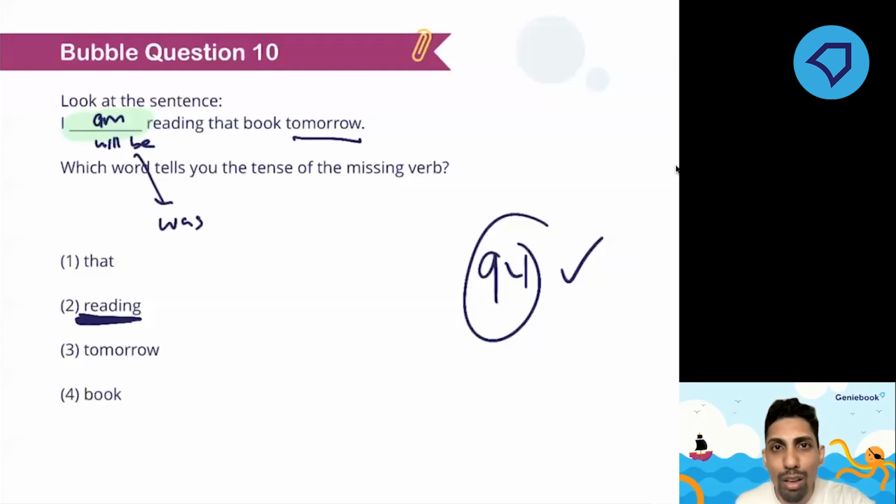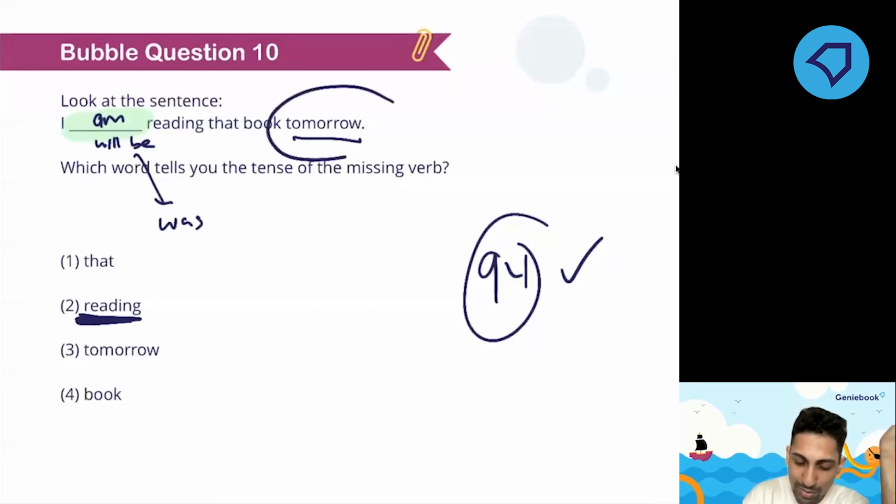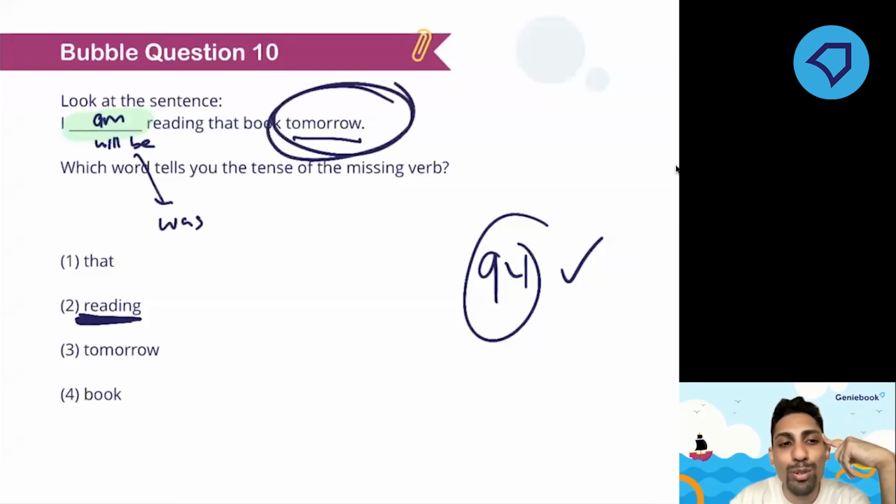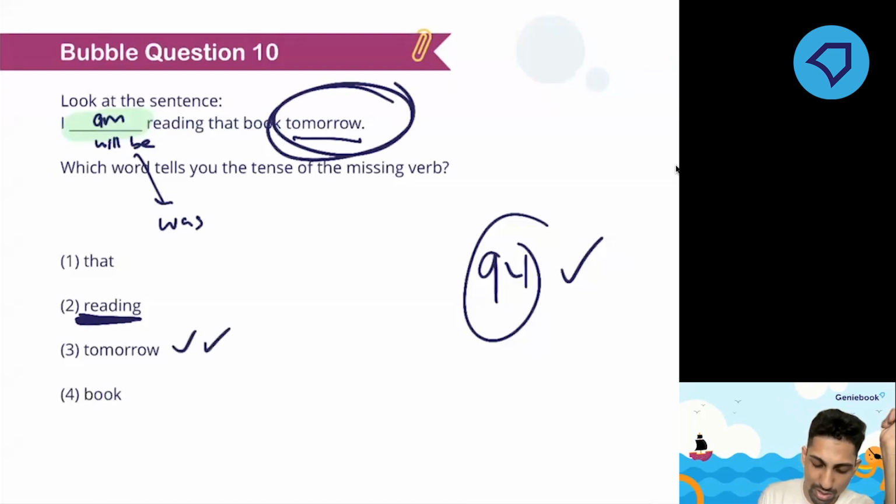Cannot. Why can't you use was? Because of this word here, tomorrow. Tomorrow is the word that tells you the verb. So when you look at the word tomorrow, you know you cannot say any old word. Okay? So the answer is number 3.